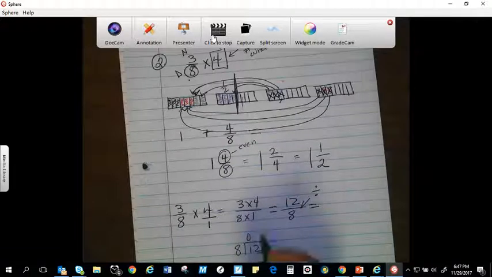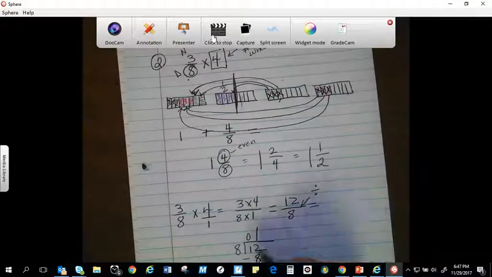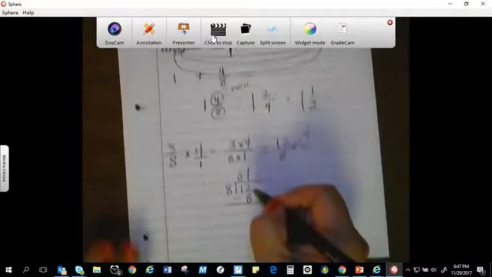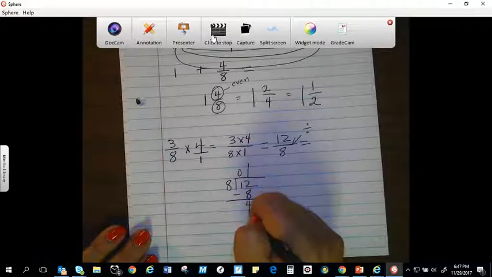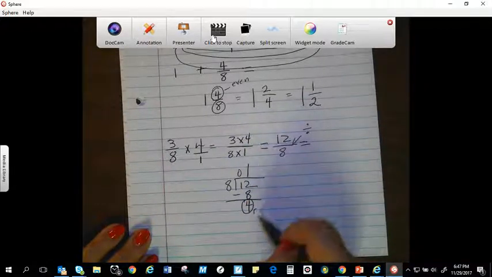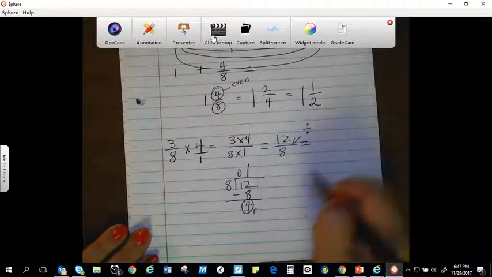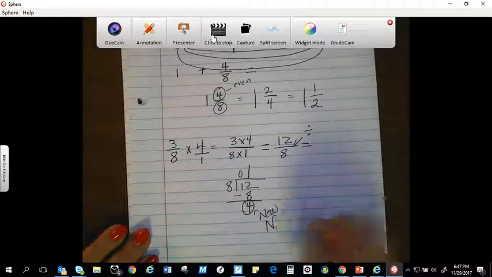1, 0. So here I'm going to have 1. Subtract this out. So 12 minus 8. I know that I'm 4 away from there. 8 plus 4 is 12. I'm 4 away. So my remainder now becomes my new numerator.